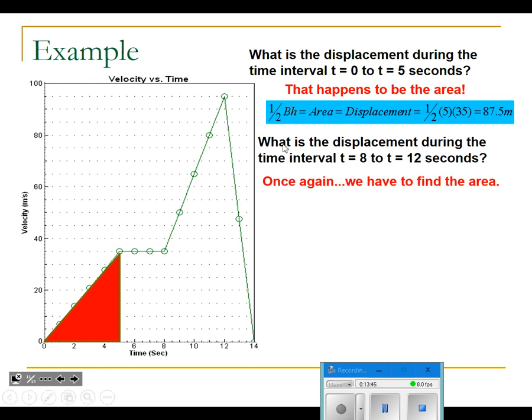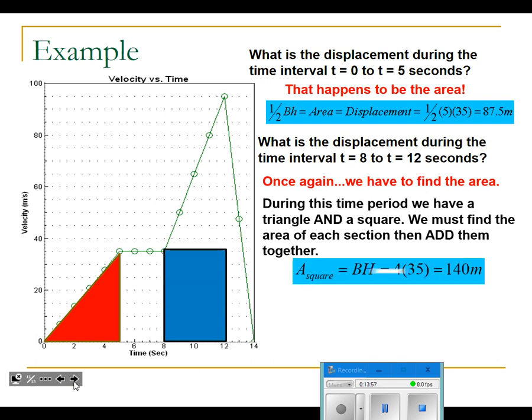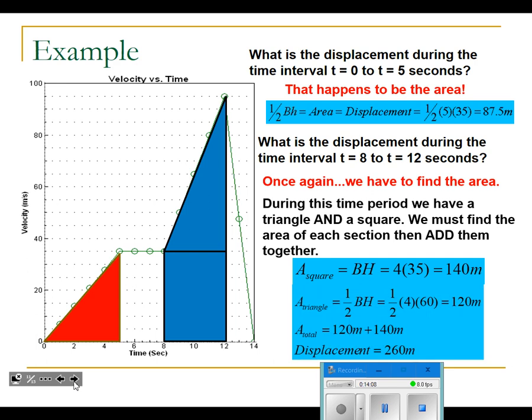Now, what is the displacement during 8 to 12 seconds? Well, from 8 to 12 seconds, we have both a triangle and a rectangle. So we'd have to find this rectangle first, which would be 4 times 35. And then we'd have to find the triangle, which would be our 1/2 base times height.